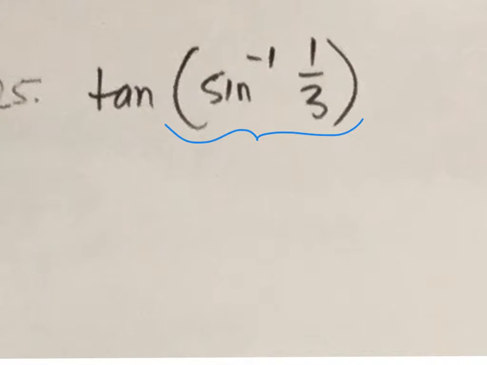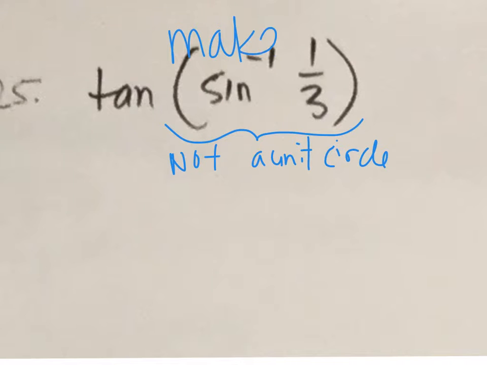Okay, this one, we have the inverse sine of 1/3. Okay, which hopefully you know is not a unit circle answer. And whenever we have something not on a unit circle, we need to make our own triangle. Well, we'll make it a right triangle. How about that for trig?